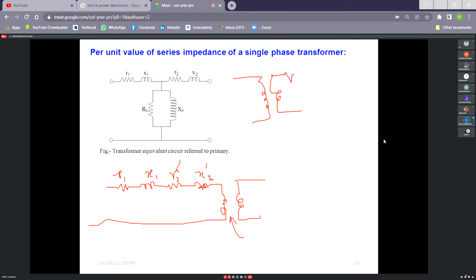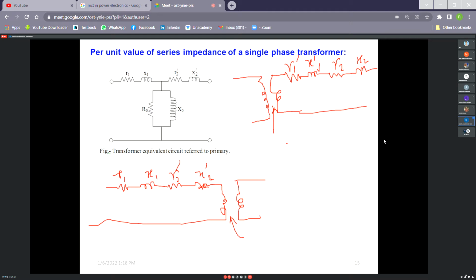And similarly, we can refer the entire thing to the secondary. In that case, this will be R1 dash, X1 dash. You know how to calculate R1 dash, X1 dash, or R2 dash, X2 dash. But we cannot get rid of this ideal transformer, because for that voltage step up or step down is there.